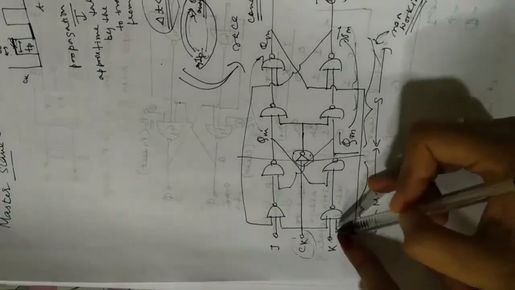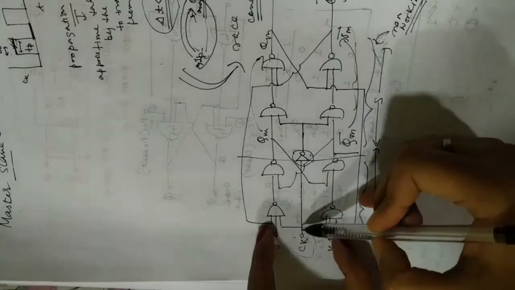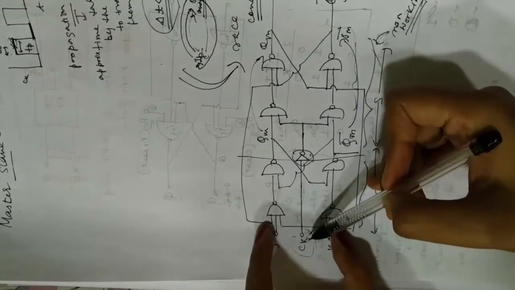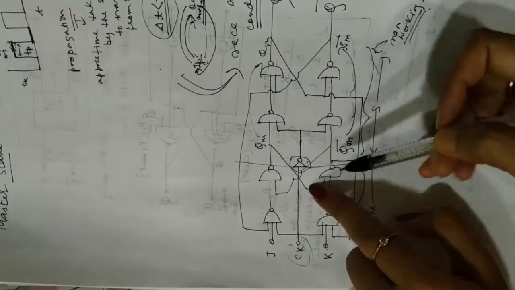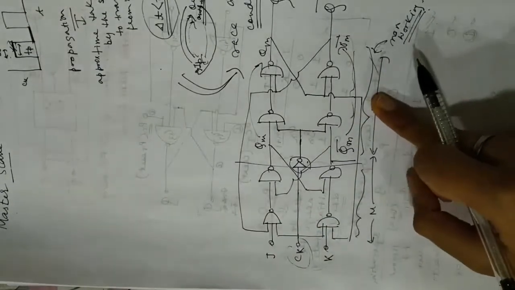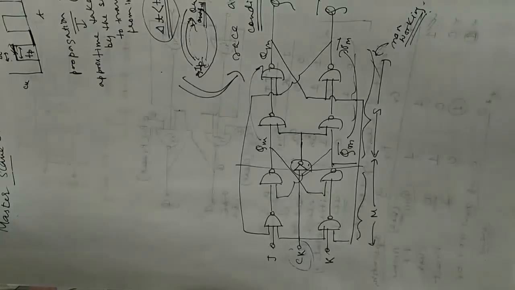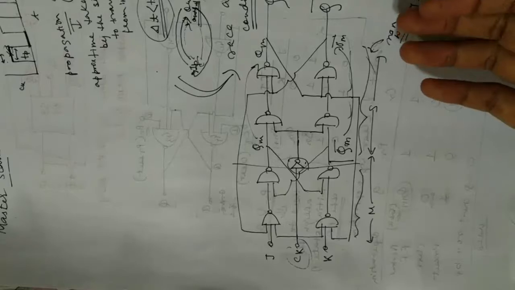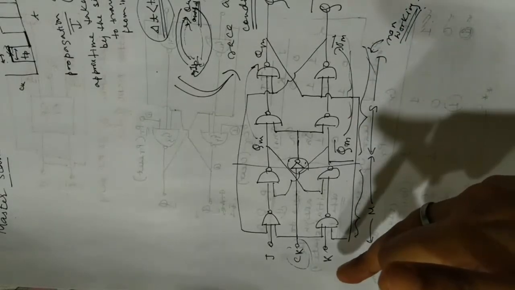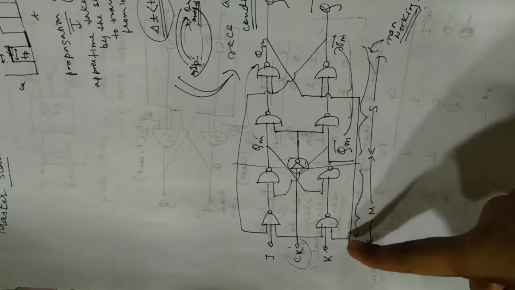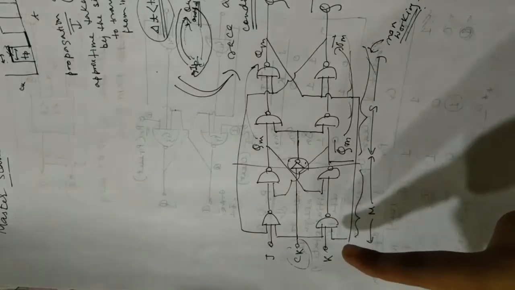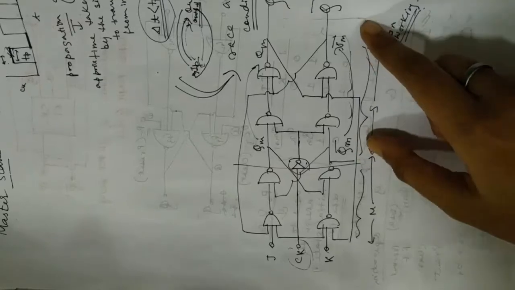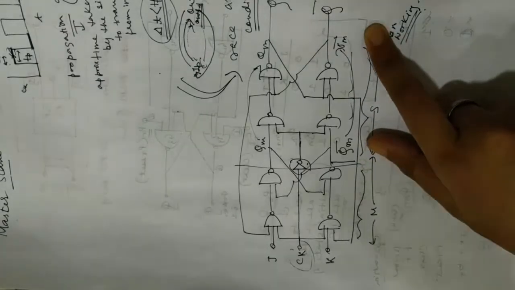Inactive clock pulse makes the master inactive, and again when the clock pulse is active, the master works and the slave is non-working. So the beauty of this circuit is that the problem of the output repeatedly traveling back to the input during the active period of the clock pulse is solved here, because the slave remains inactive during the active period of the clock pulse, right?